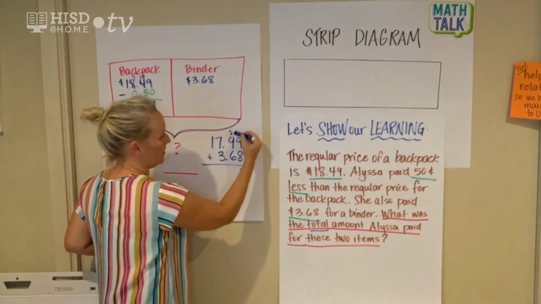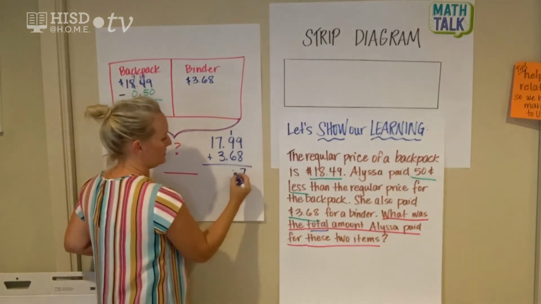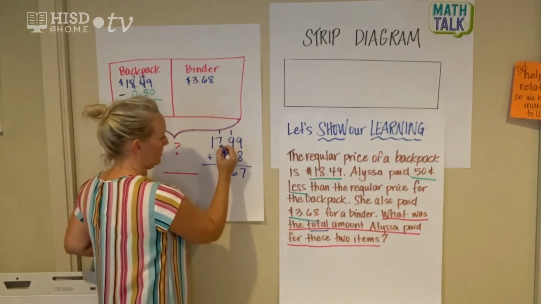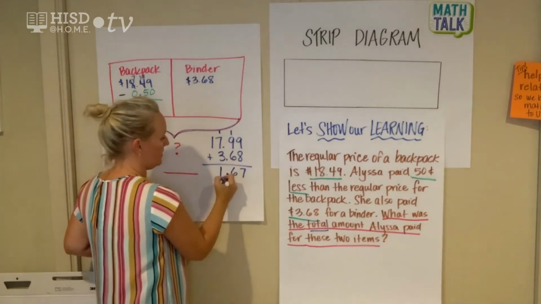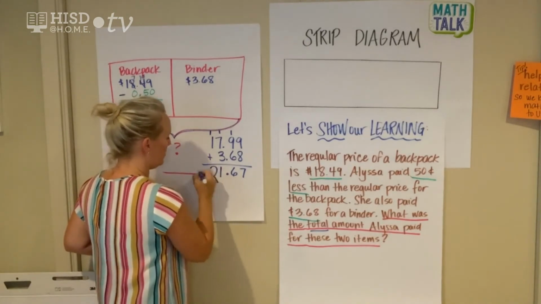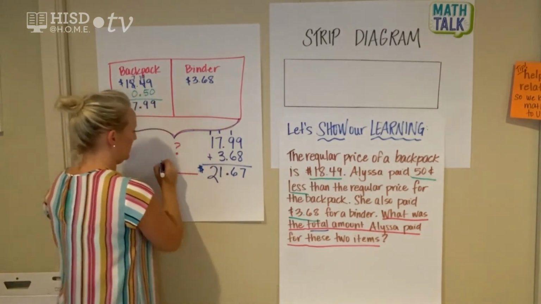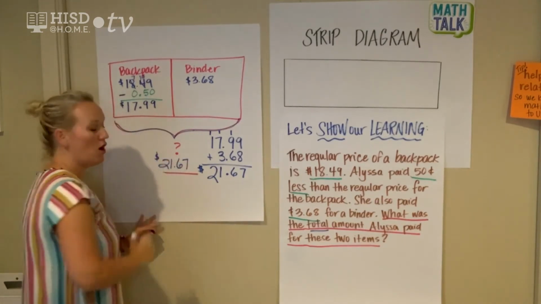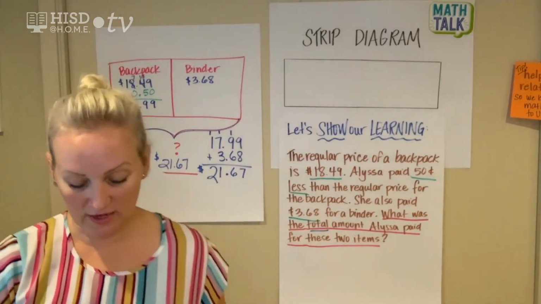Remember, start with the 1. 1 plus 9 is 10, plus a 6 is 16. Carry the 1. 1 plus 7 is 8, plus 3 gives us 11. Carry the last 1. And I know that she spent $21.67 on both of those items together.